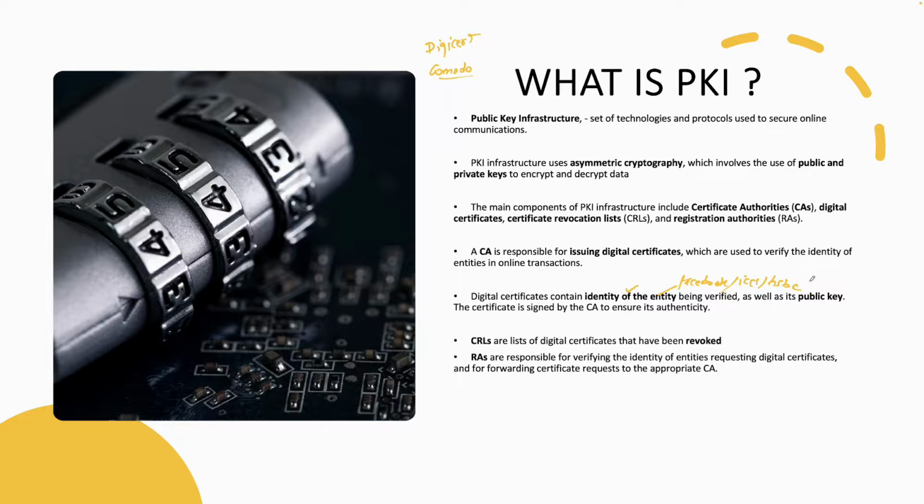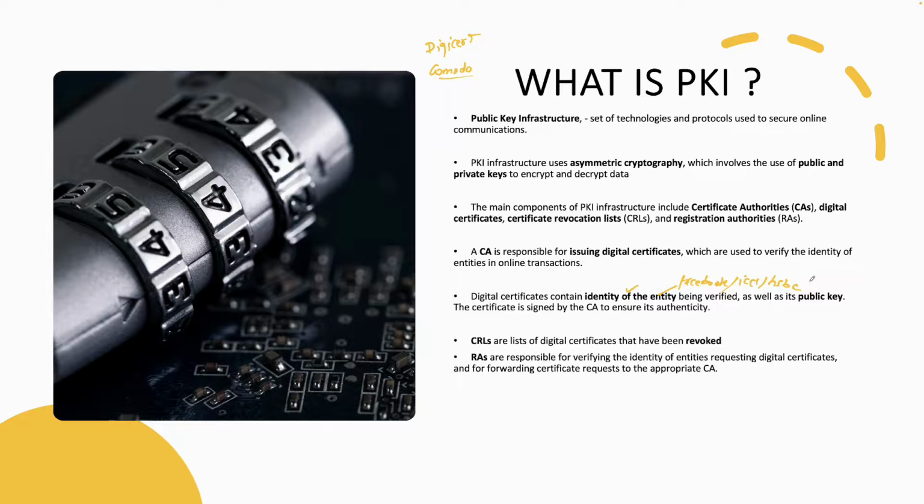Now, to understand the RA, think of the CA as the big organization which is actually issuing certificates to people. But what it has done is delegated the checking to the RA. So the RA is responsible for verifying the identity.